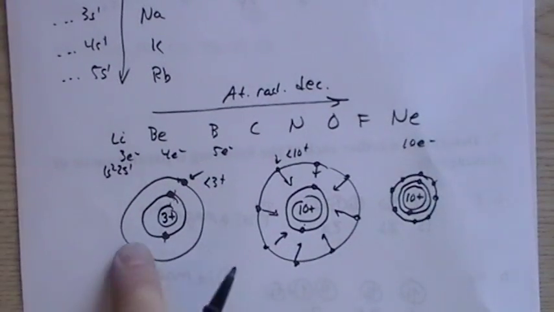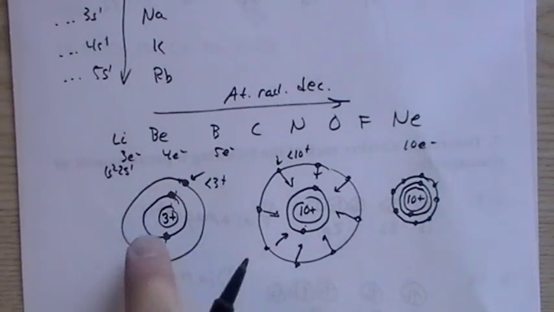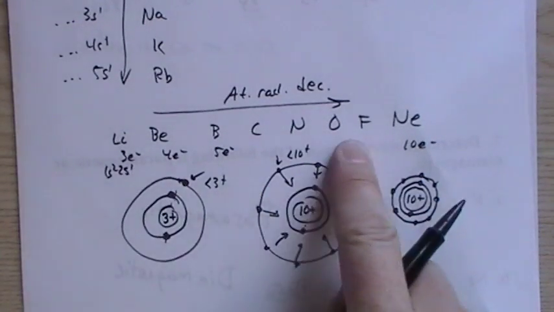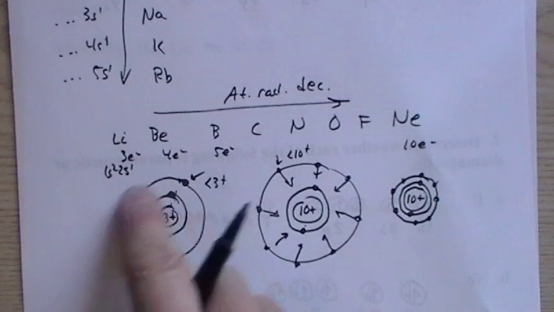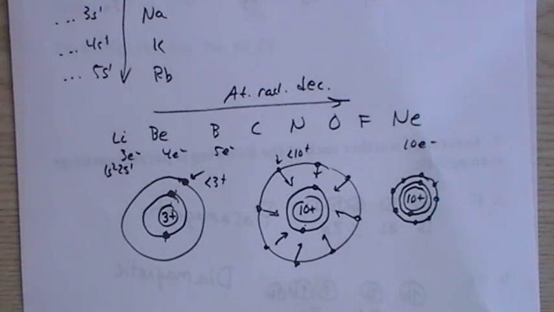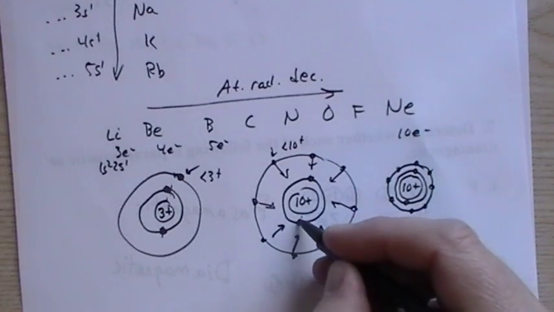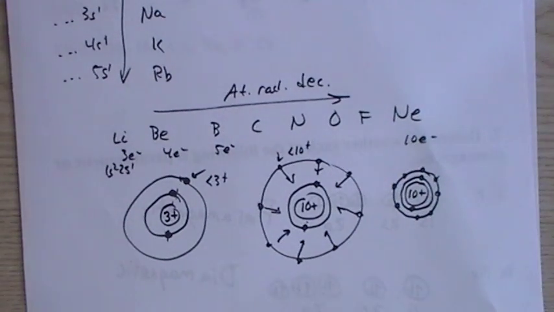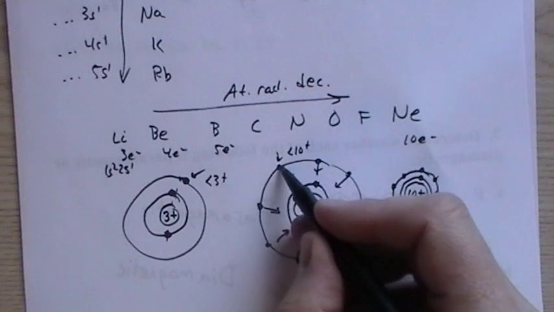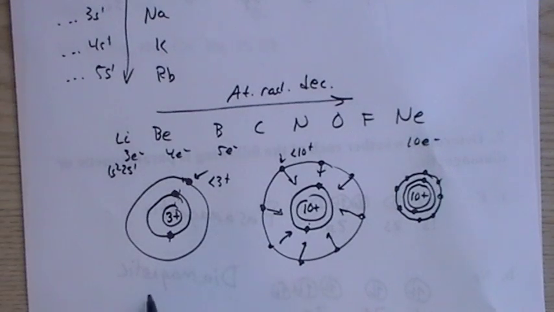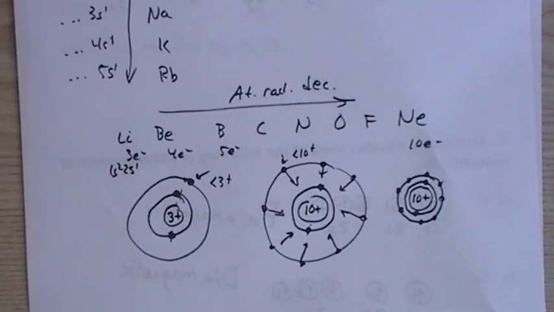I just did the one end and the other, but in between we can see as we go across the row, the nuclear charge increases, but the electrons on the outside don't see each other in the same level, and below them is the same core, 2 electrons. So all each individual electron sees in the outer level is an increasing nuclear charge, which pulls them in. So they definitely do decrease as they move across any row.